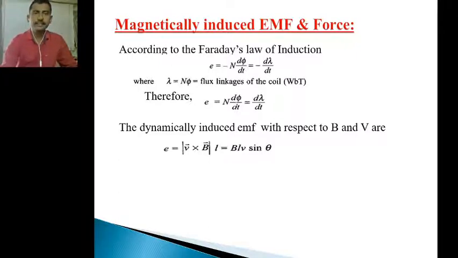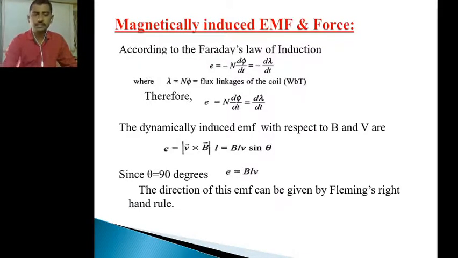So we can write E is equal to BLV sine theta. Normally the angle theta between B and V is 90 degrees. Substituting 90 degrees, sine 90 is equal to 1, so the equation is E is equal to BLV.